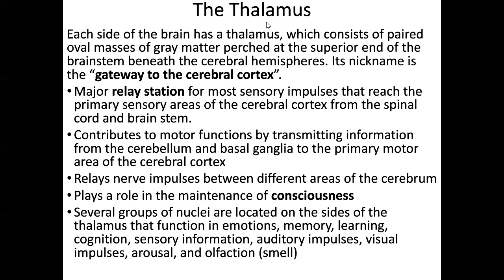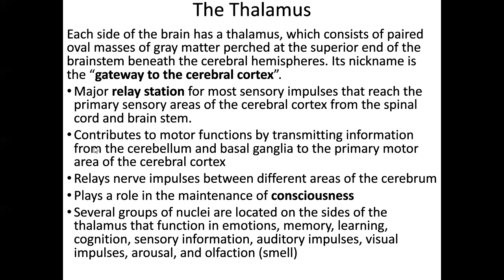So when we talk about sensations, which will be in two more lectures, not the next lecture, but the first one of next unit, so we'll be getting into some of this next week. You're going to see the thalamus is involved with a lot of those things. And then from there, the signal will travel up to the cerebral cortex and be processed. And not every sensory signal, but most sensory impulses.